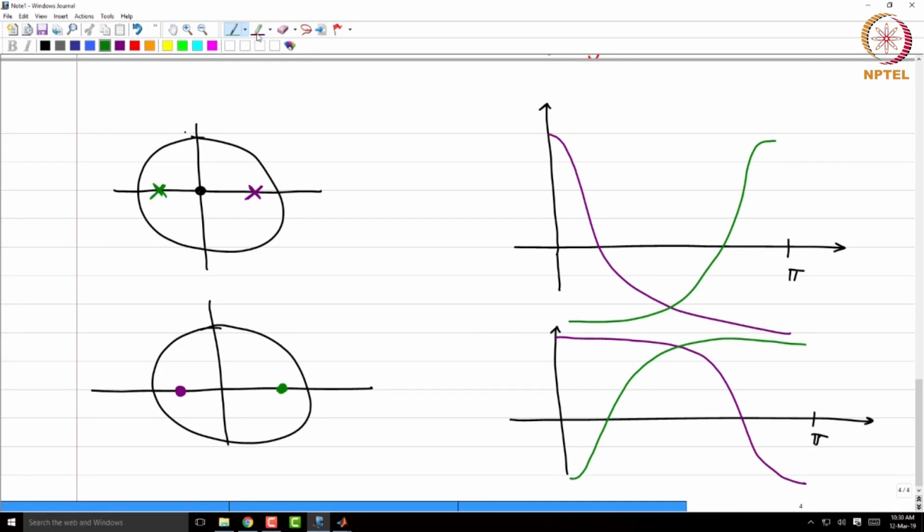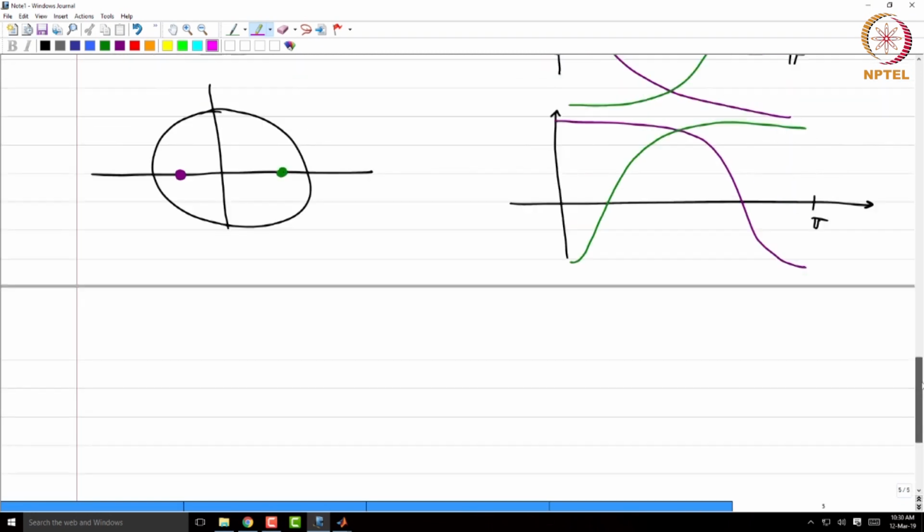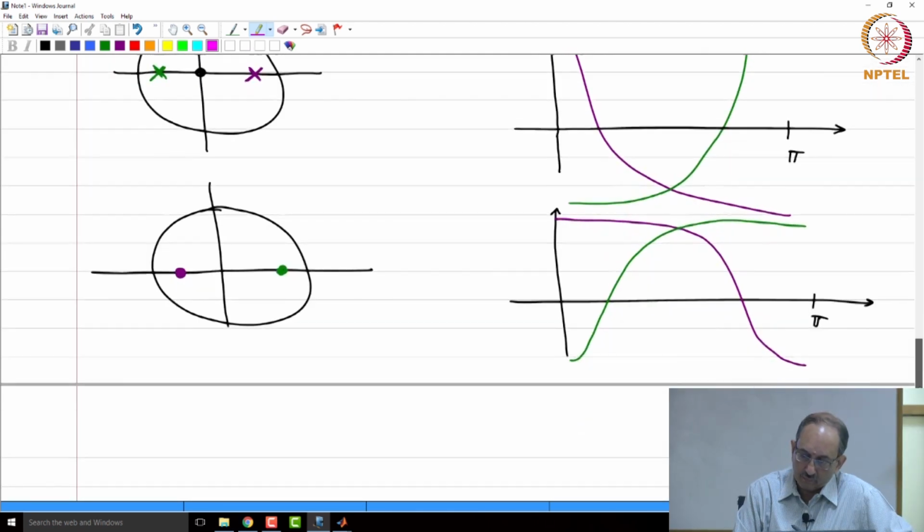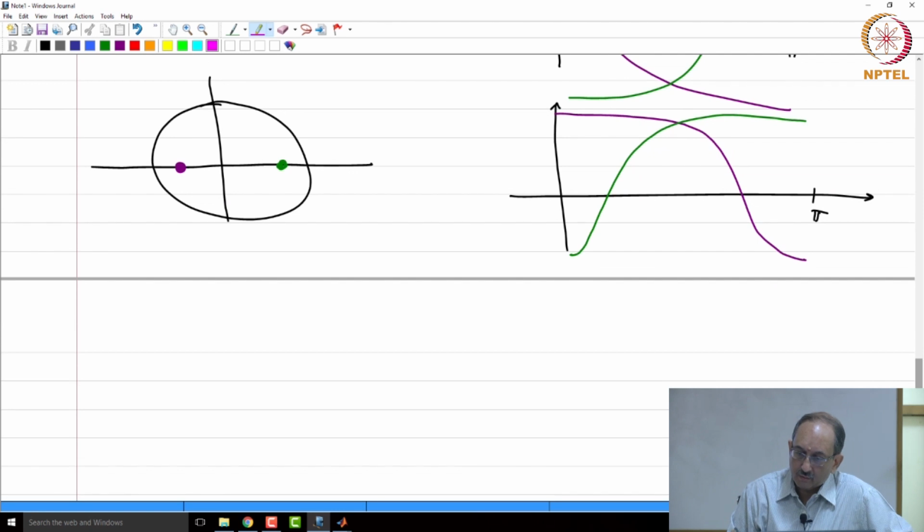So, this follows from what we had discussed earlier. So, if you have a 0, the valley is sharp, the peak is broad. Therefore, you see the difference between these two cases. And so, these are qualitative pictures.